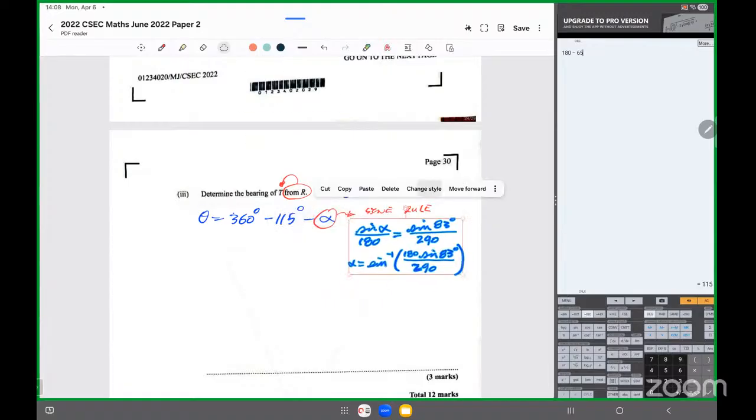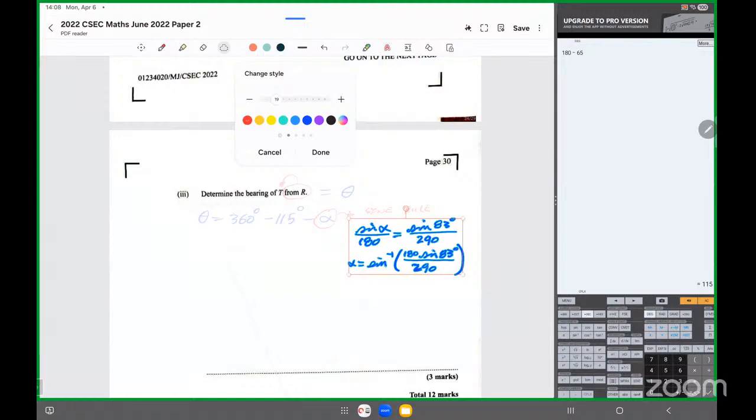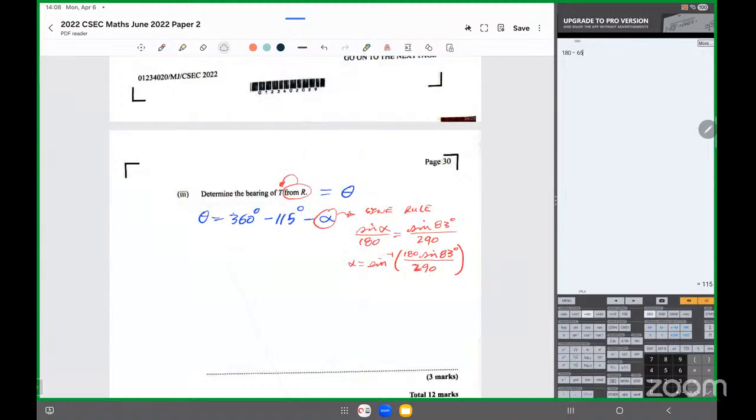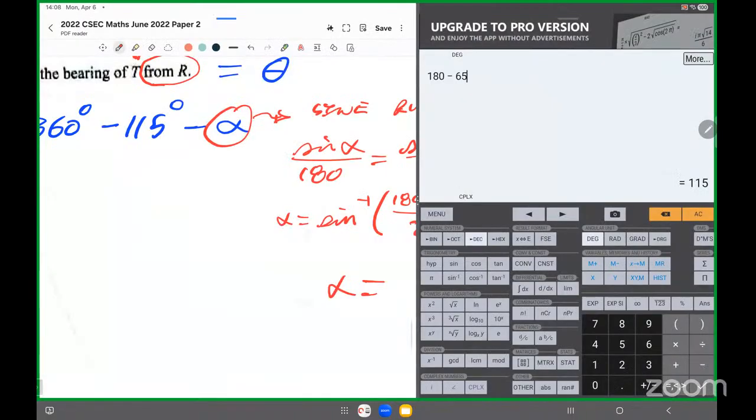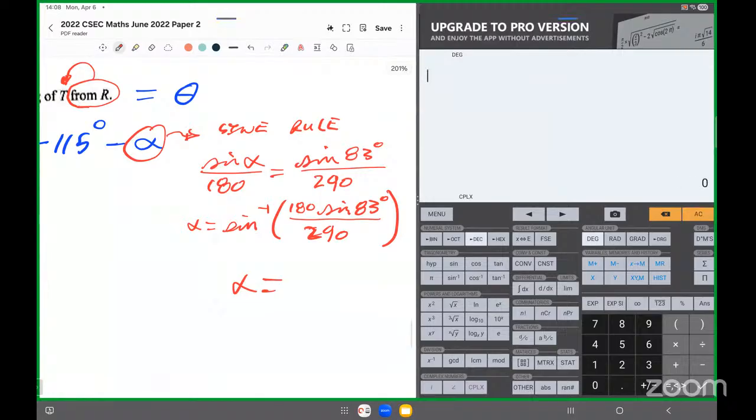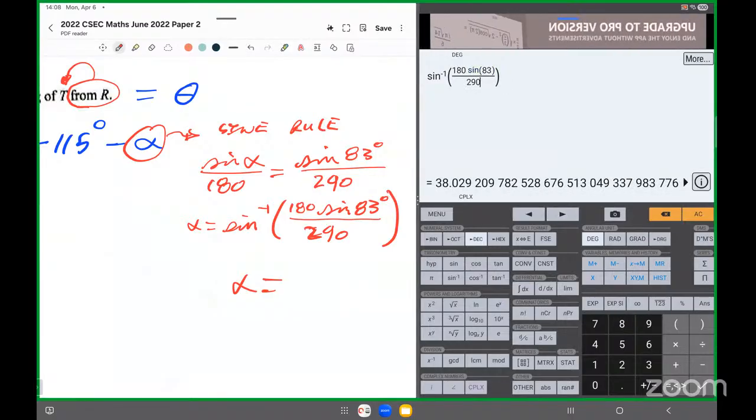Change that to red, and then work out what alpha is. Alpha equals, work it out here now. On the calculator, we get sine to the minus 1 of a fraction, 180 times the sine of 83 over 290, which becomes 38 degrees.